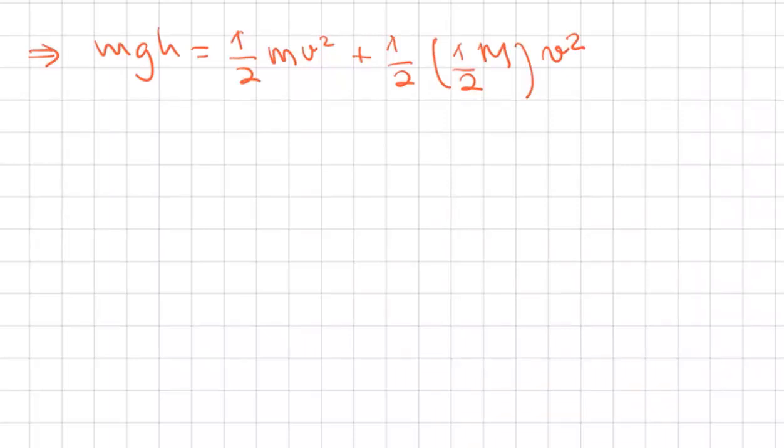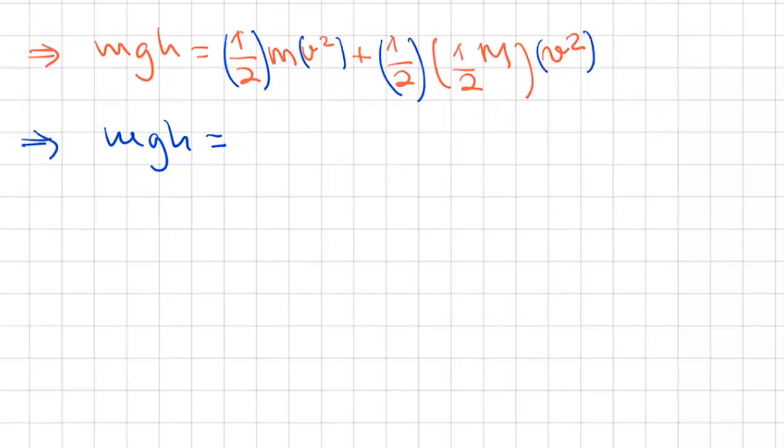I can simplify this expression, so finally I will have something like this, mgh equal to. So I will take this 1/2, this 1/2, this v squared and this v squared.